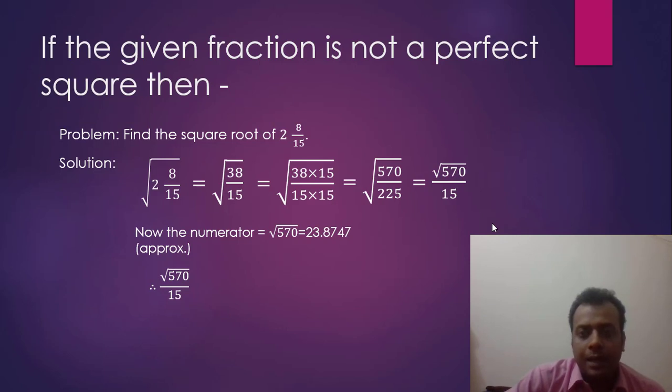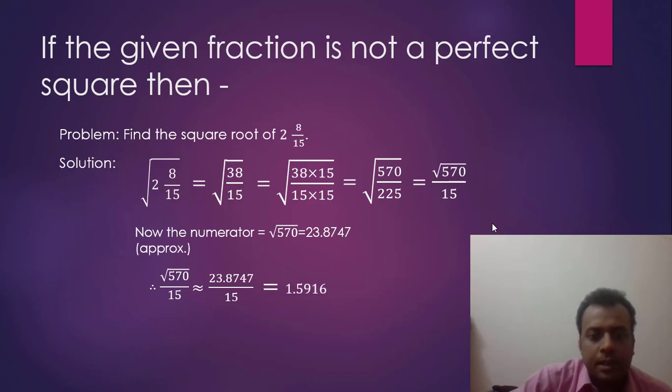So, as root over 570 is approximately 23.8747, we can write root over 570 divided by 15 is approximately 23.8747 divided by 15, and the value of this is 1.5916.